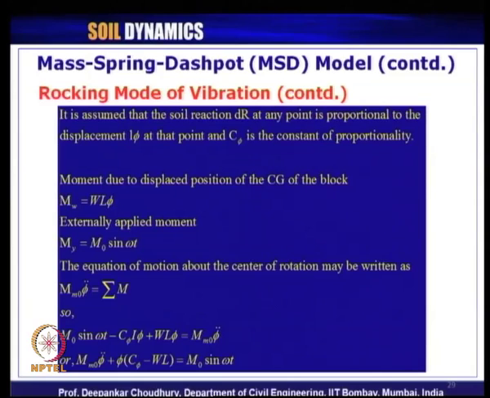Now, to maintain the equilibrium, in other words if we apply D'Alembert's principle, it should give us that whatever inertia force is coming for the foundation system, which is the rotational acceleration phi double dot and mass moment of inertia M naught.